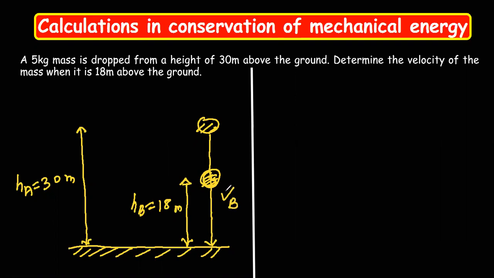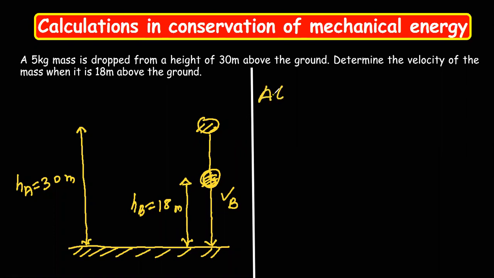Okay. Now, to do this calculation, we first of all calculate the energy possessed at A. The energy possessed at A, that is the potential energy possessed at A. So let's write something like this.